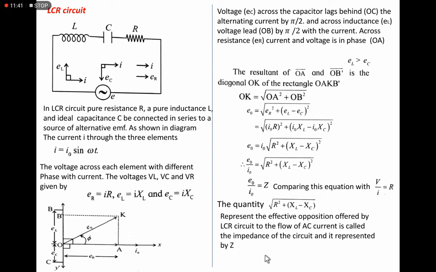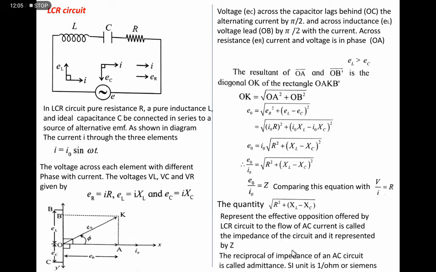It is denoted by Z. Opposition to the flow of the current in LCR circuit is the impedance. Opposition to the flow of the current by inductance is inductive reactance, and opposition to the flow of current by capacitance is the capacitive reactance.